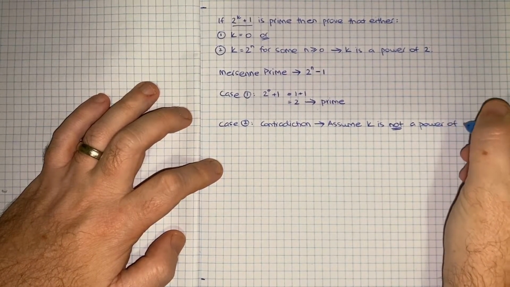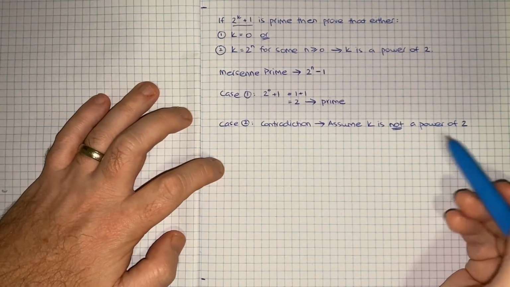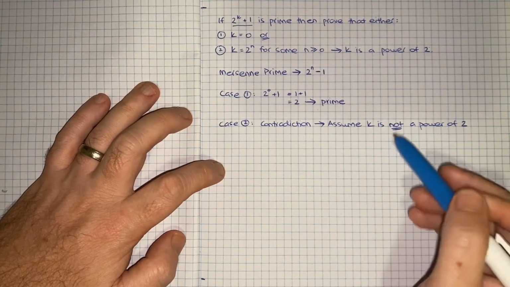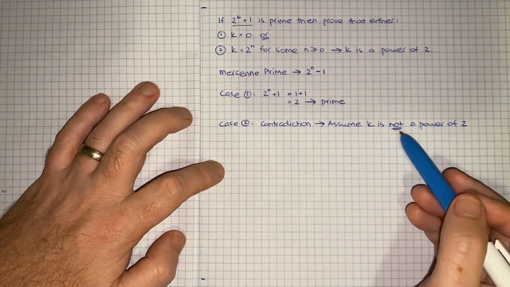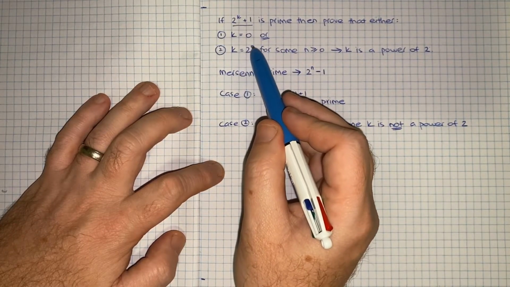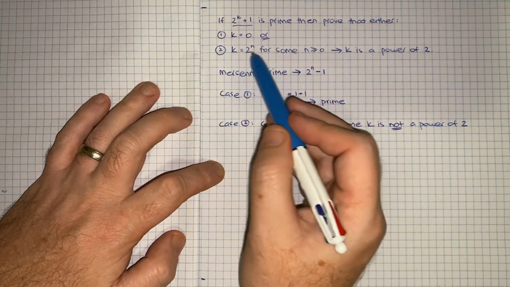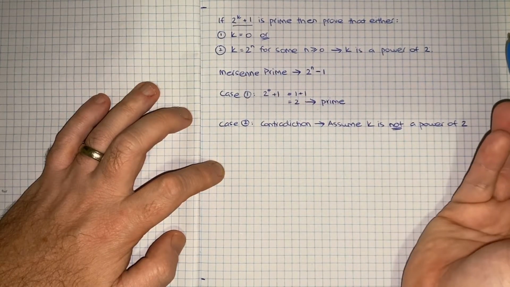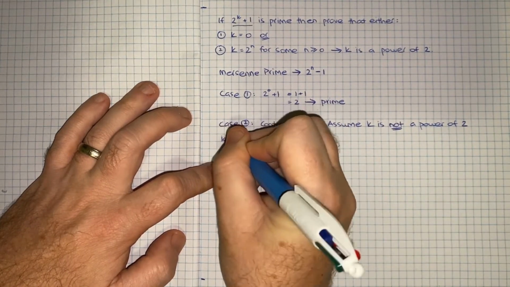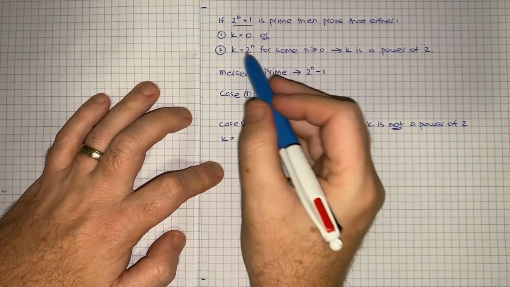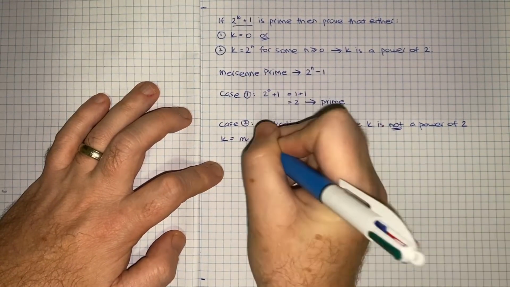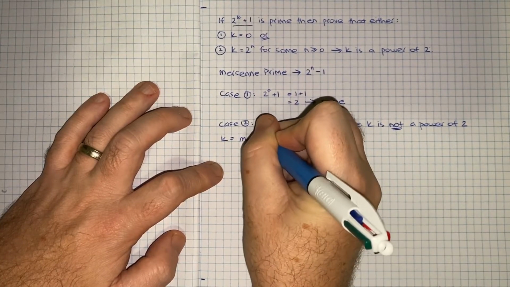Where it might not be obvious what to do next is: how can I represent k in this format? How do I define k such that it's not a power of 2? Up here we said k is equal to 2 to the n, which is a way of saying k is a power of 2. To do the opposite, we can say k is equal to something times 2 to the n. I'll call it m, just for another letter. So m times 2 to the power of n.